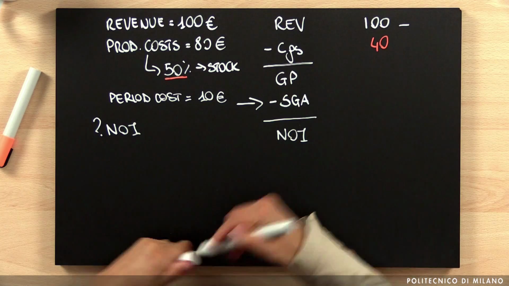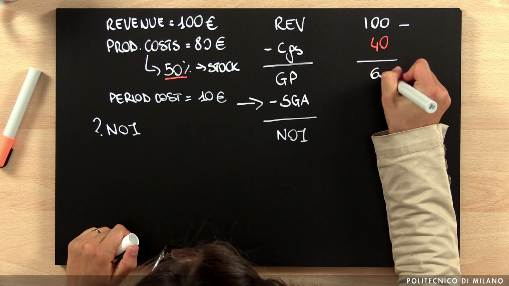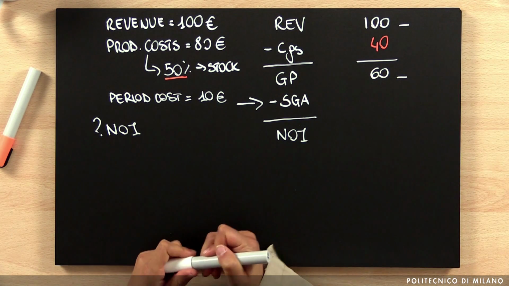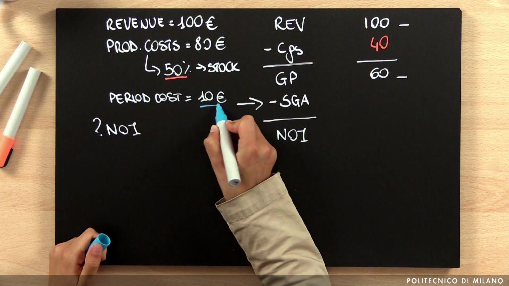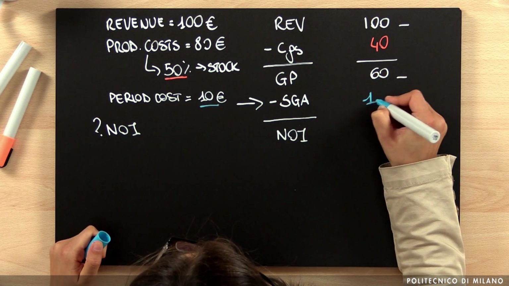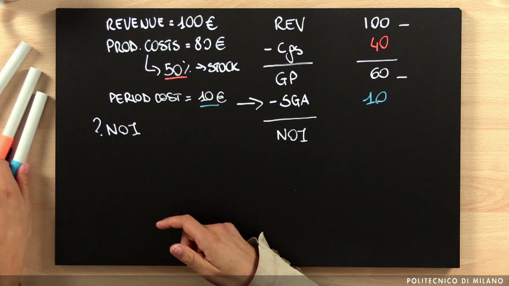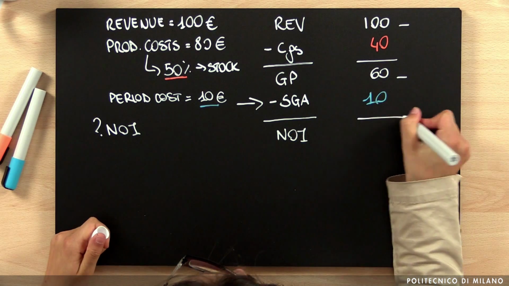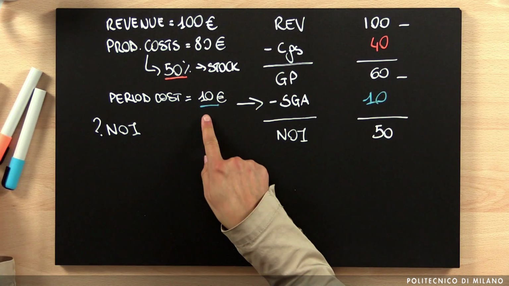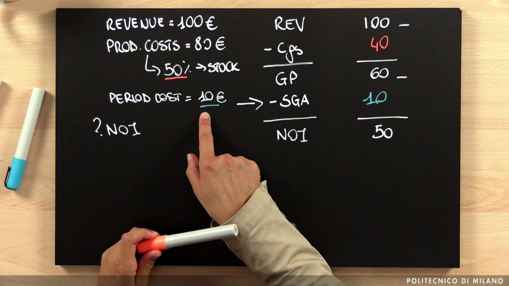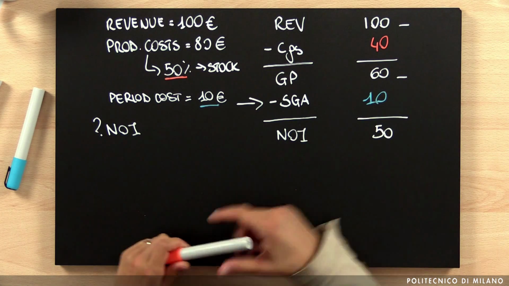And then we will have 60 as a gross profit, minus the selling, general and administrative expenses, which are our period costs. You can see that our period costs are 10, so that we will have a net operating income of 50. Why this example? Because you can see that period costs enter as expense immediately within the income statement.